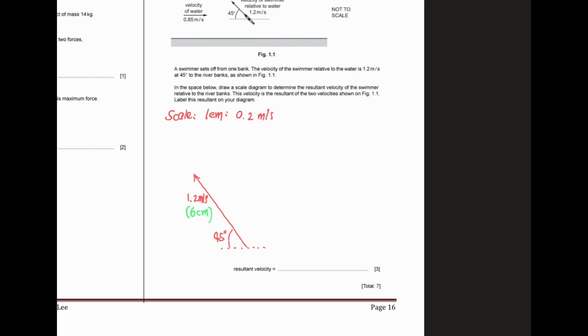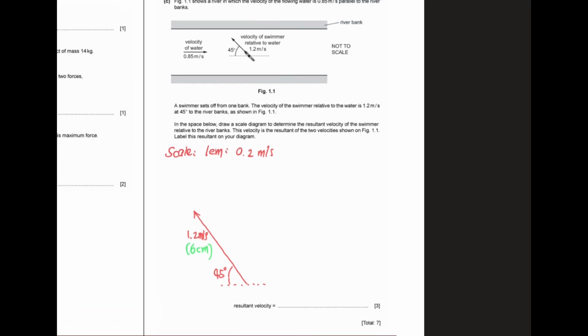After you drew 6 cm, from the head of this arrow, you have to join up with the second vector, which is the velocity of water, 0.85.